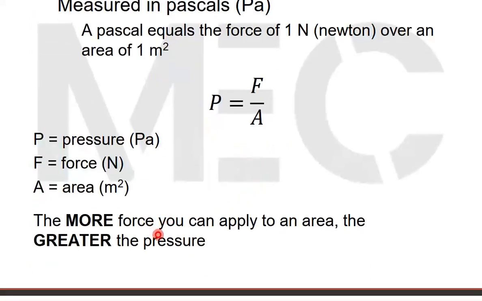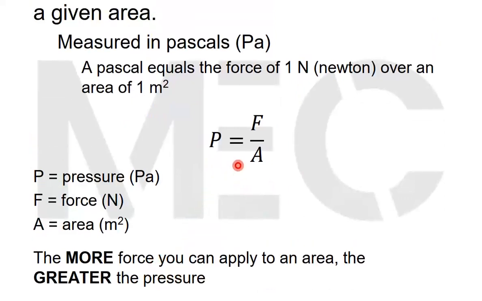So the more force you can apply to an area, the greater the pressure. It has a reverse relation with area. So the smaller the area, the greater the pressure.